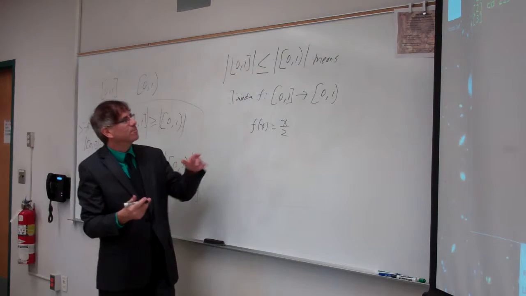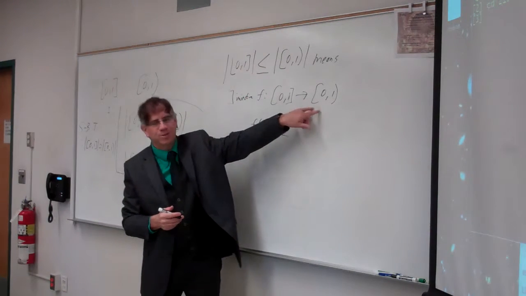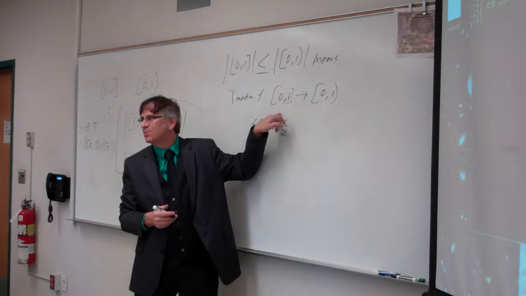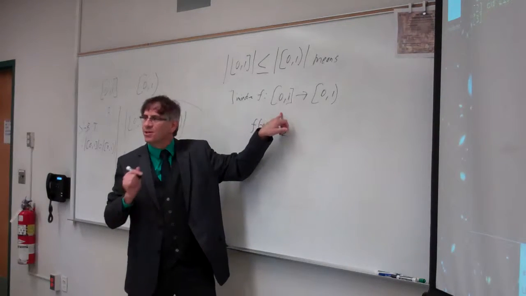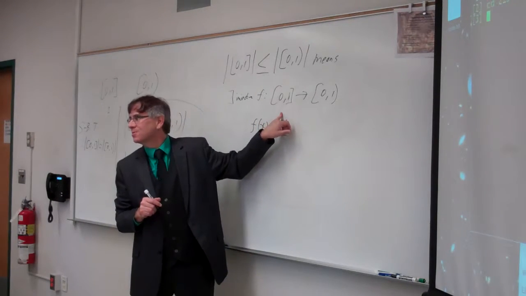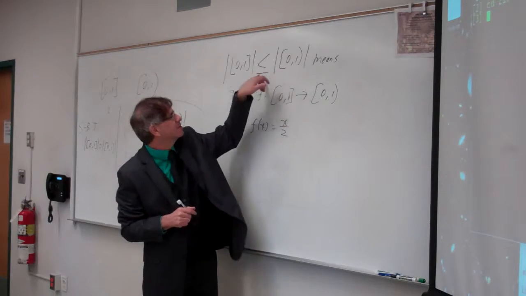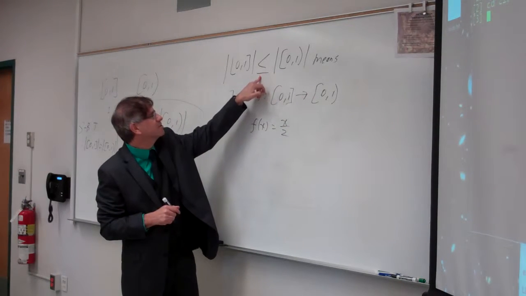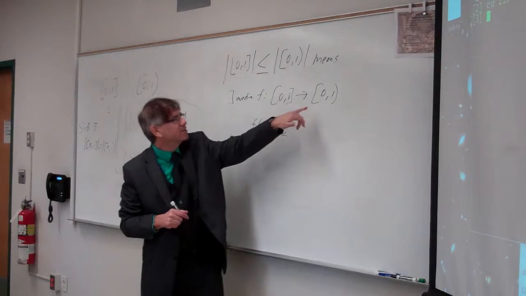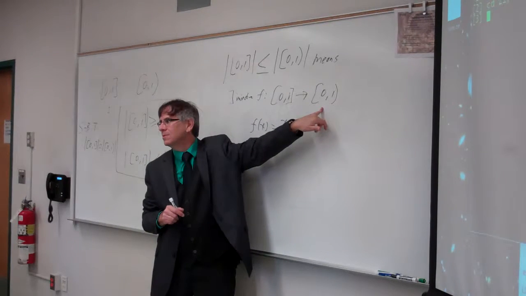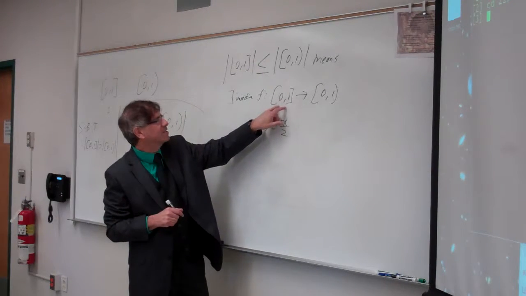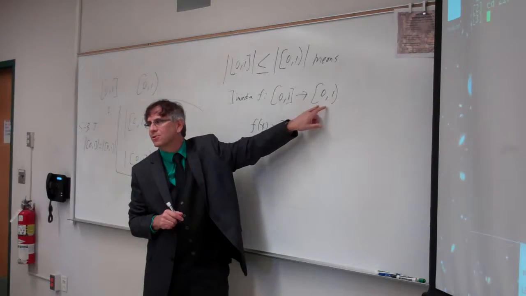Right, and it feels wrong because this feels like it has more numbers than this because it's the exact same set plus an extra number. But cardinality is not the number of elements. Okay, this symbol means that there's an injective map from here to here. A map such that two distinct things here go to distinct things over here.